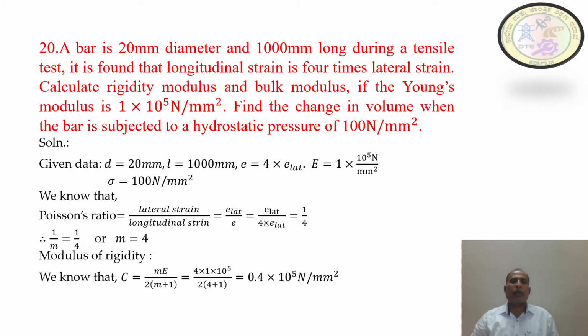First, read the problem carefully and write down the data as given. A bar of 20 mm diameter, therefore D is equal to 20 mm, and 1000 mm long, therefore L is equal to 1000. During a tensile test, it was found that longitudinal strain e equals 4 times the lateral strain, therefore e equals 4 e lateral, and the value of E is 1 × 10^5 Newton per mm square.